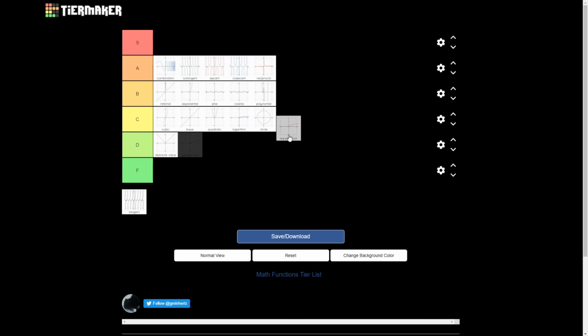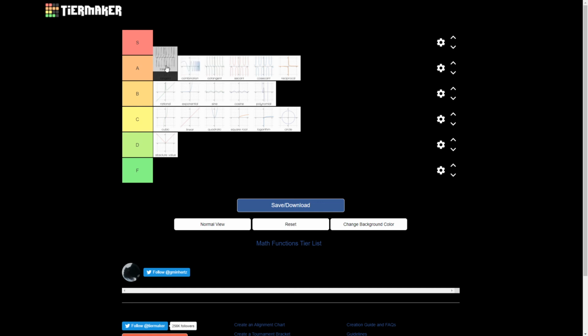But square root. I think I'm digging it more than logarithmic, but it just doesn't quite make it up to its cousin over here, the quadratic. Then we got tangent, which is just like cotangent, but squiggling the other way.